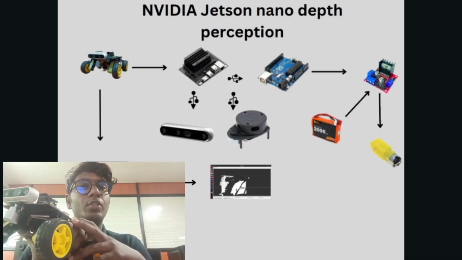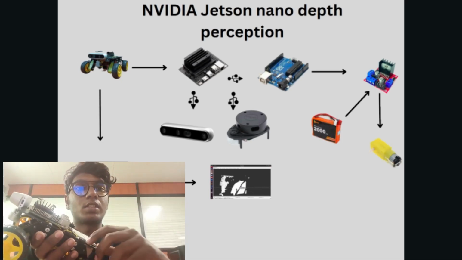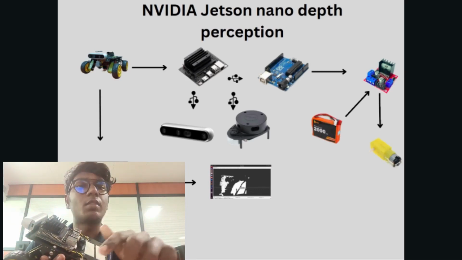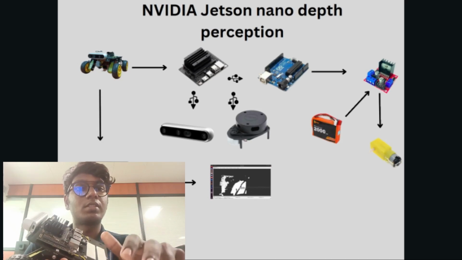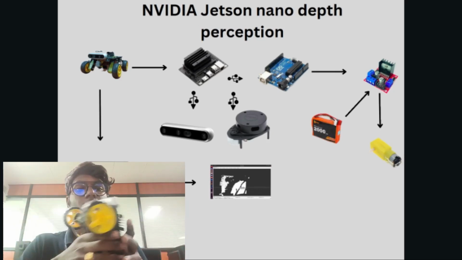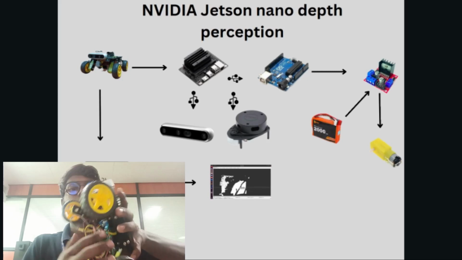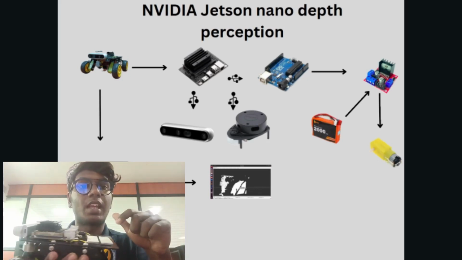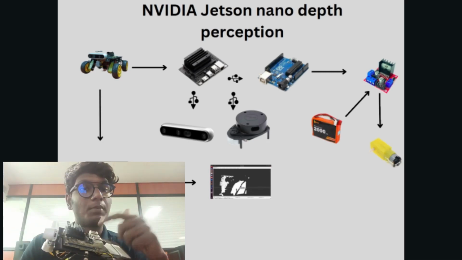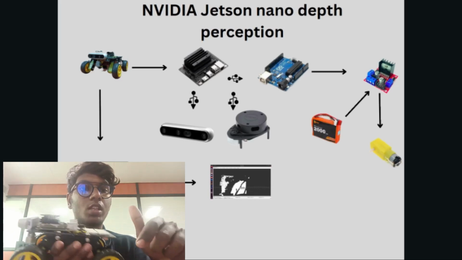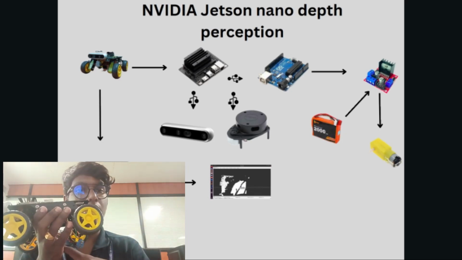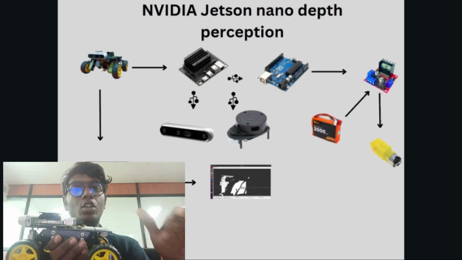What is the use of the Arduino? The Arduino will control the motors, and here our Jetson Nano is a publisher. Using keyboard teleoperation, it will publish the velocity information to the robot through the Arduino rosserial. Using serial communication, I will communicate between the Jetson Nano and the Arduino. The Jetson Nano will publish the velocity information using the laptop keyboard, and it will be received by the Arduino. The Arduino will then send the information to the motor driver. This is the flow of teleoperation.